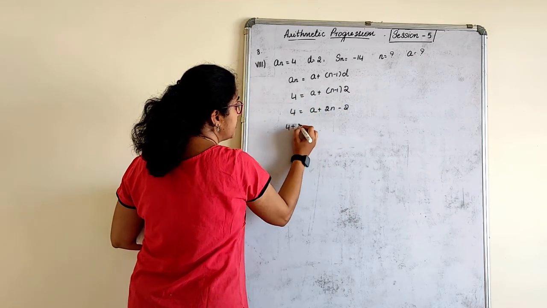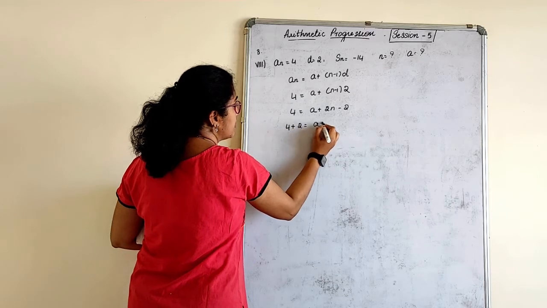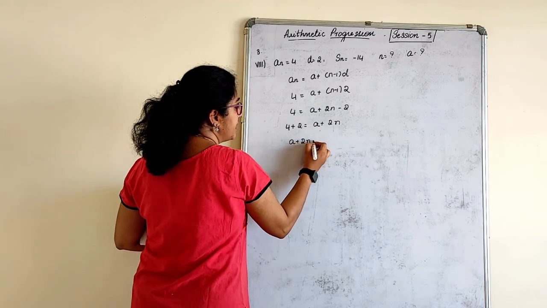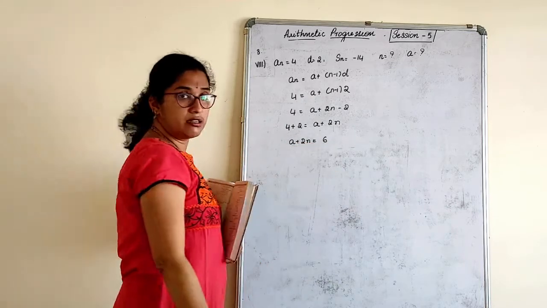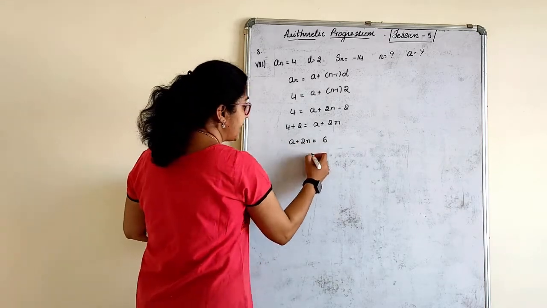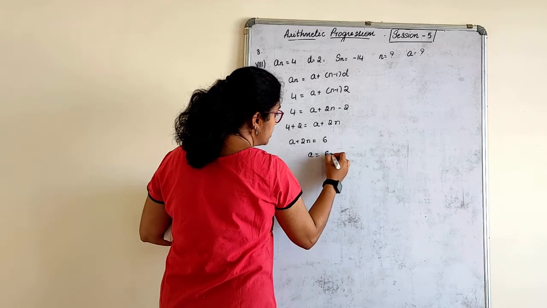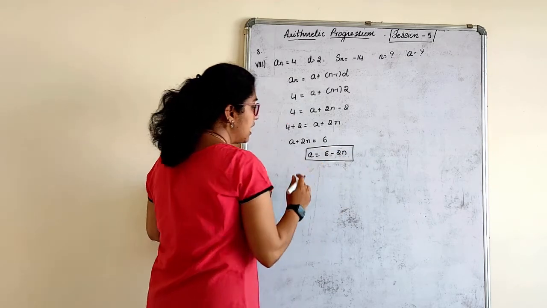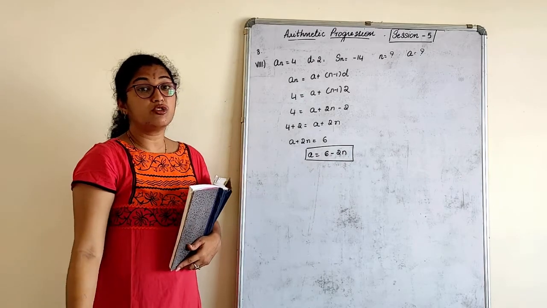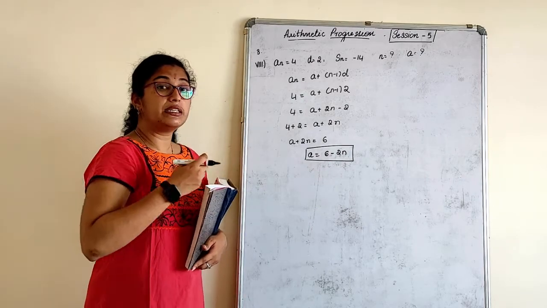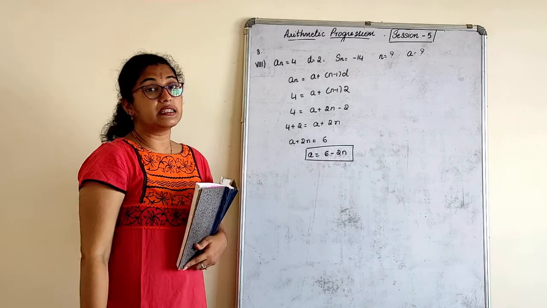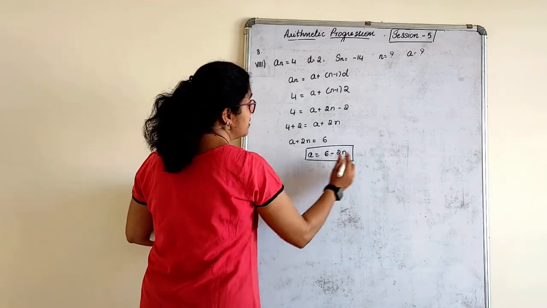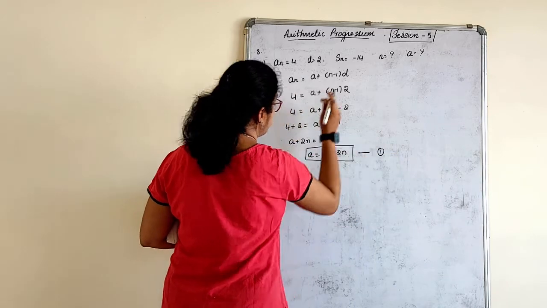Shift 2 this side. 4 plus 2 is equal to a plus 2n. a plus 2n is equal to 6. Two unknowns are there. Can I write a is equal to 6 minus 2n? That means I am going to use the substitution method. I am substituting the value of a in my next Sn equation, right? So we'll keep this as it is. I will just write equation 1.